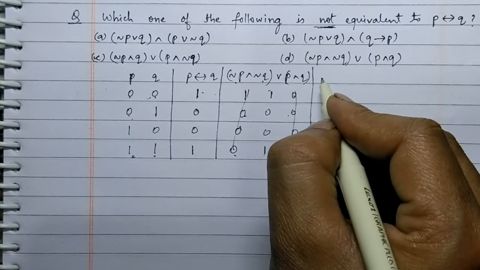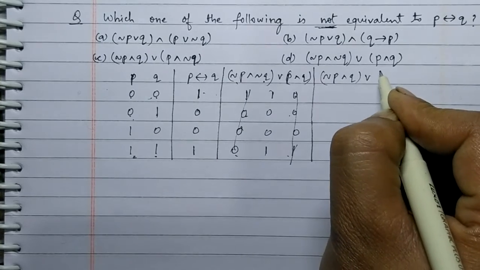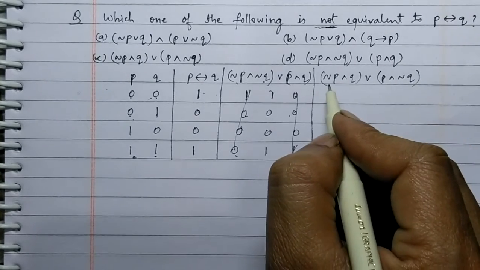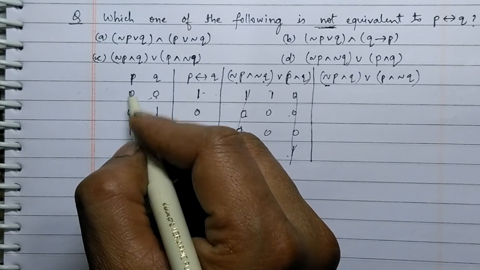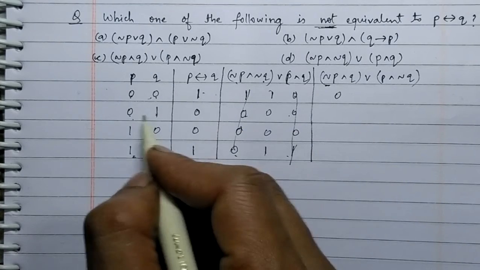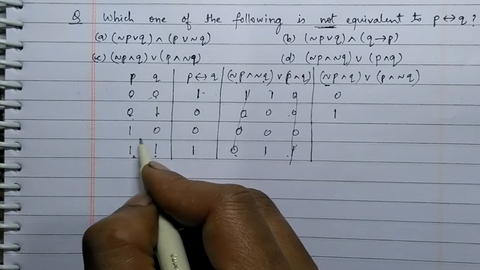Let's check option C. Not P and Q, or P and not Q. Not P means 0, it will become 1, and 1 and 0 is 0. Not P becomes 1, 1 and 1 becomes 1.